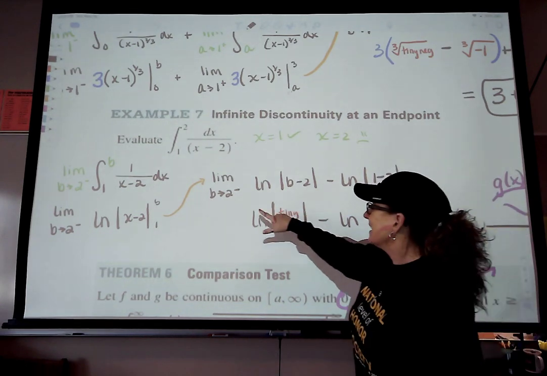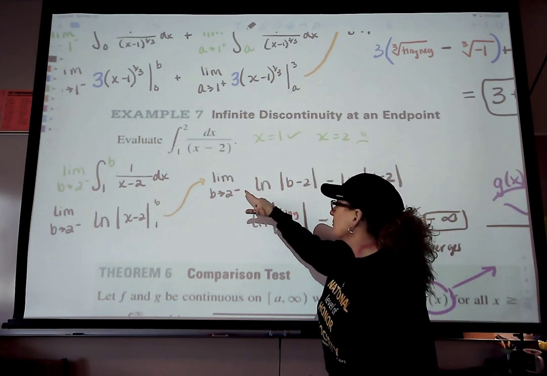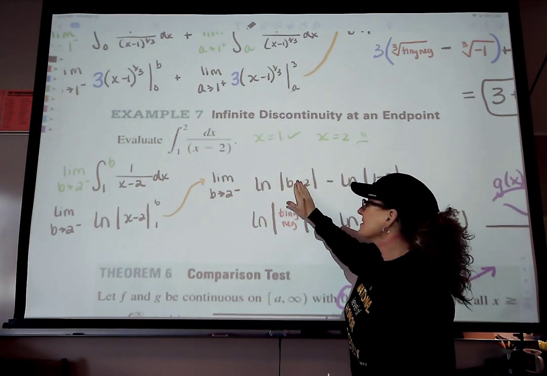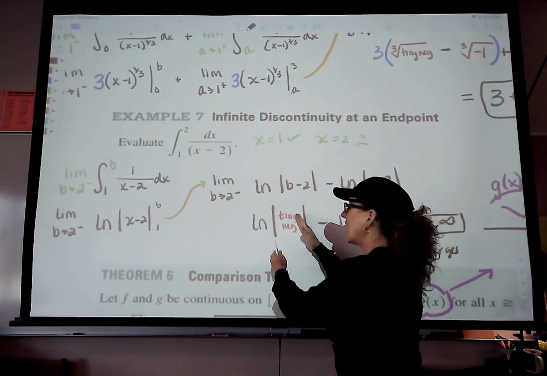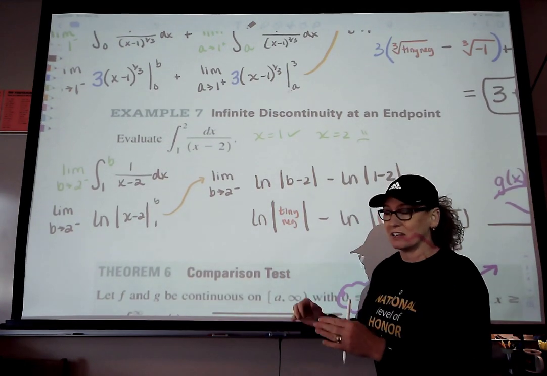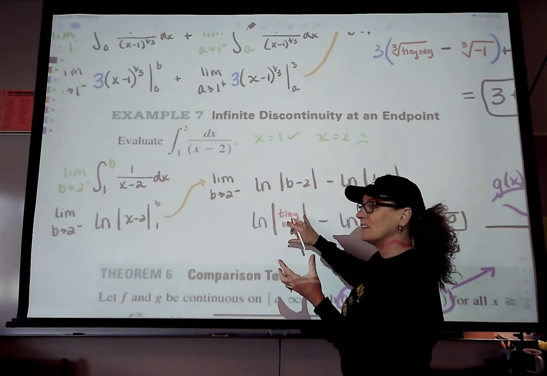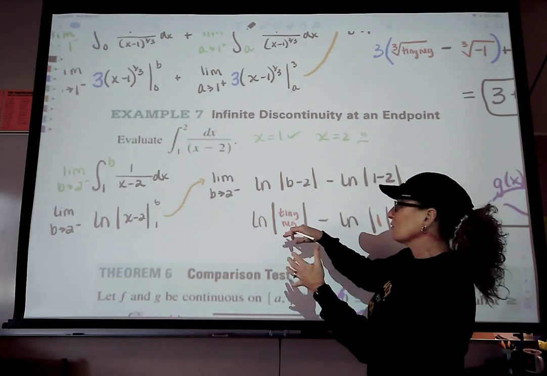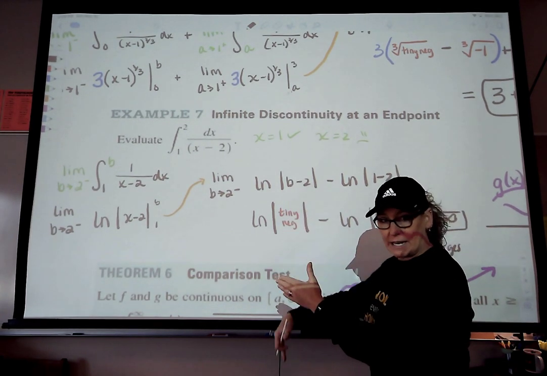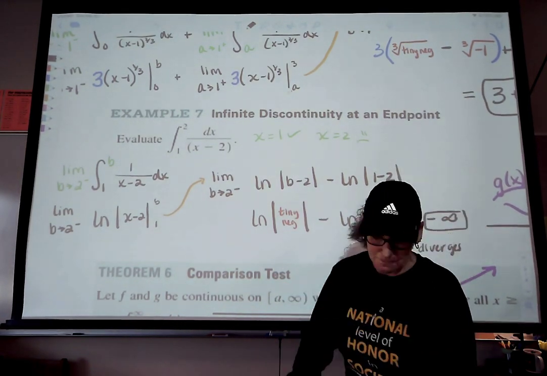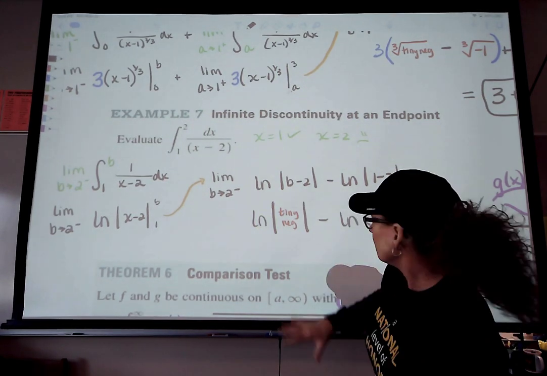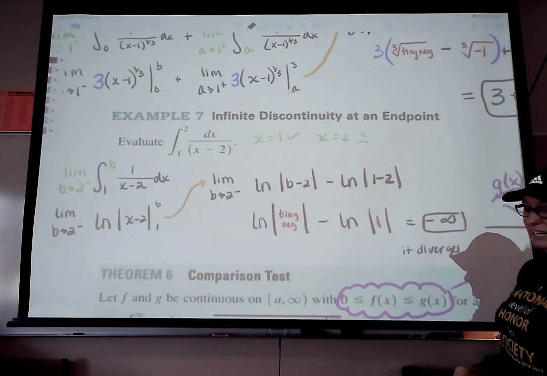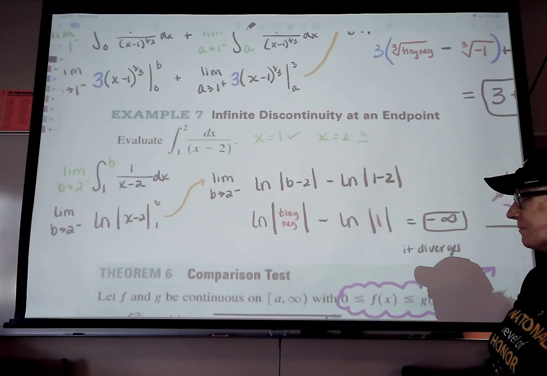All right. And do your limit as b approaches 2 from underneath. So 2 from underneath, like 1.99. This inside becomes a tiny negative. Absolute value it, you get a tiny positive. So natural log of a tiny positive. If you look at your log graph, that's way down, like at negative infinity. So this value is negative infinity. This is 0. So my answer is negative infinity, and we can say it diverges.